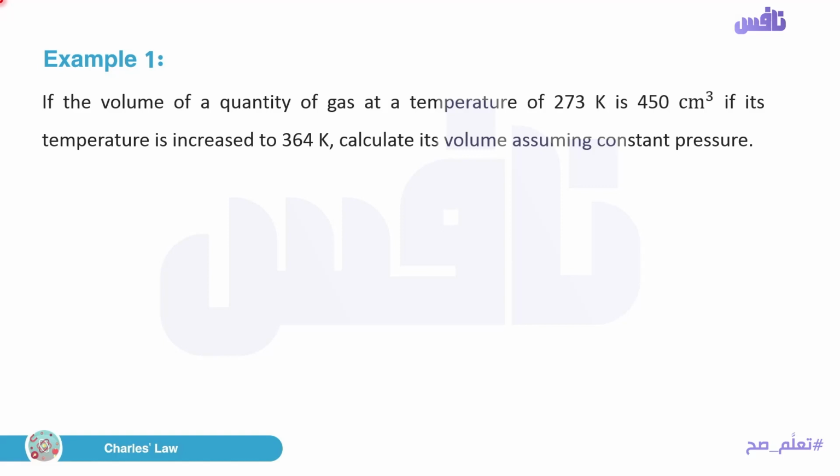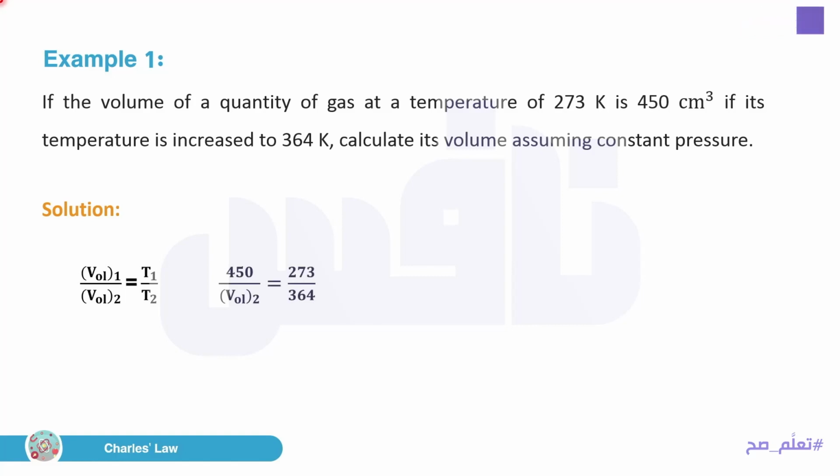If we have another temperature T2, we will have V2. So the solution step will be V1 over V2 equals T1 over T2. By substitution we have 450 over V2, which is X, equals 273 divided by 364, which means V2 equals 600 centimeter cube.